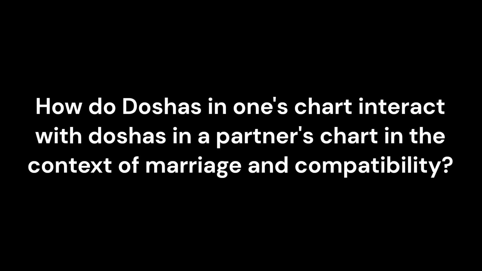Dosha is a word which represents a deficiency. Dosha of a planet means the planet is either not functioning properly or functioning irrationally.